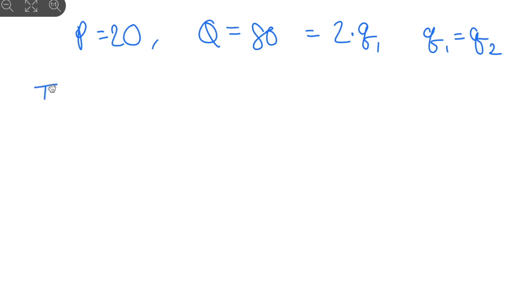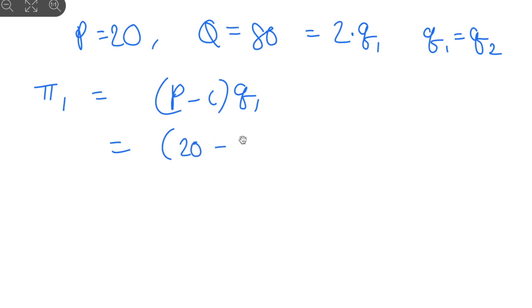So what is the profit for farm 1? That is P minus C times Q1. And what is P? We have equivalent price at 20 with the cost 20, and the quantity produced is 40. So what we get for the profit of farm 1? $0, right? Price equals the cost.